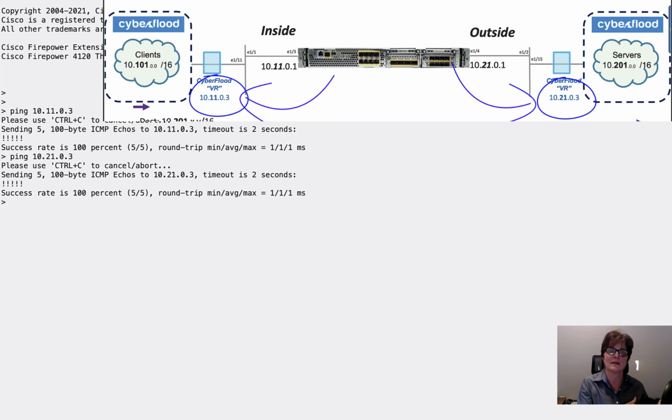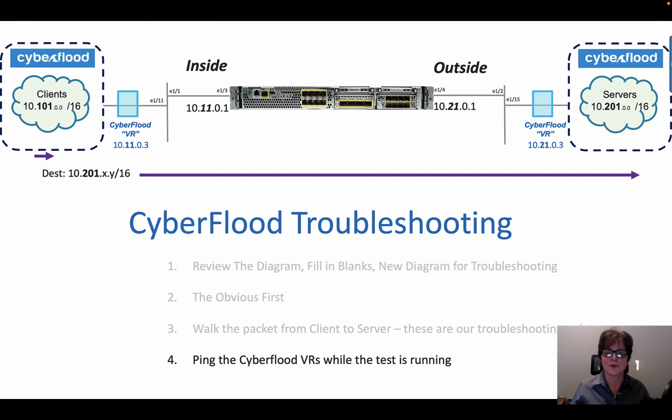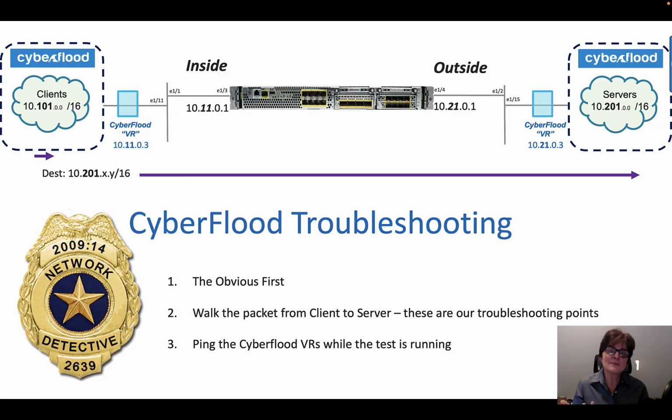When I ping 10.11.0.3, I'm pinging it from 10.11.0.1, which is the firewall, so I'm in the exact same subnet. If I can't ping these, we have a more basic fundamental problem. But we can ping them. So thank you, Keith, for always telling me, have you pinged the CyberFlood virtual routers? So we ping the CyberFlood virtual routers, and that's pretty much it in a nutshell.